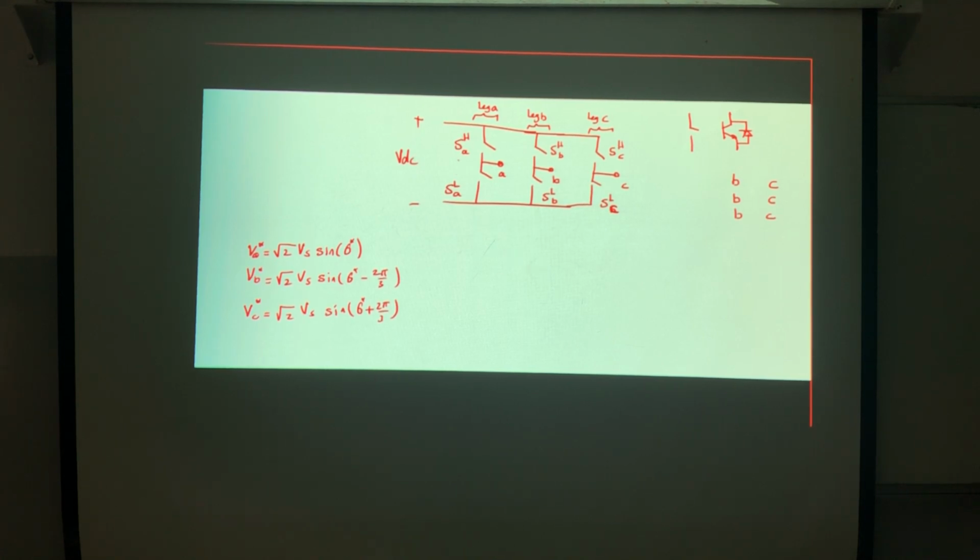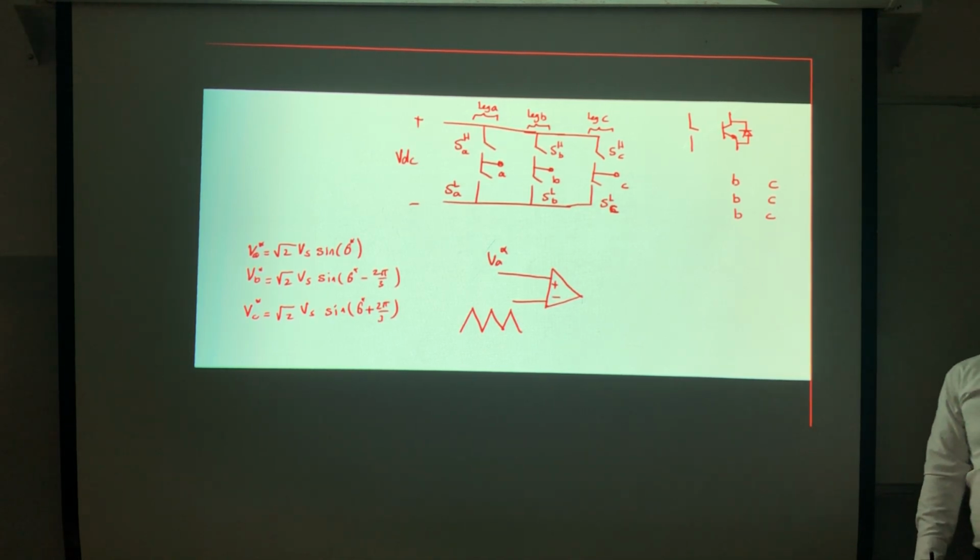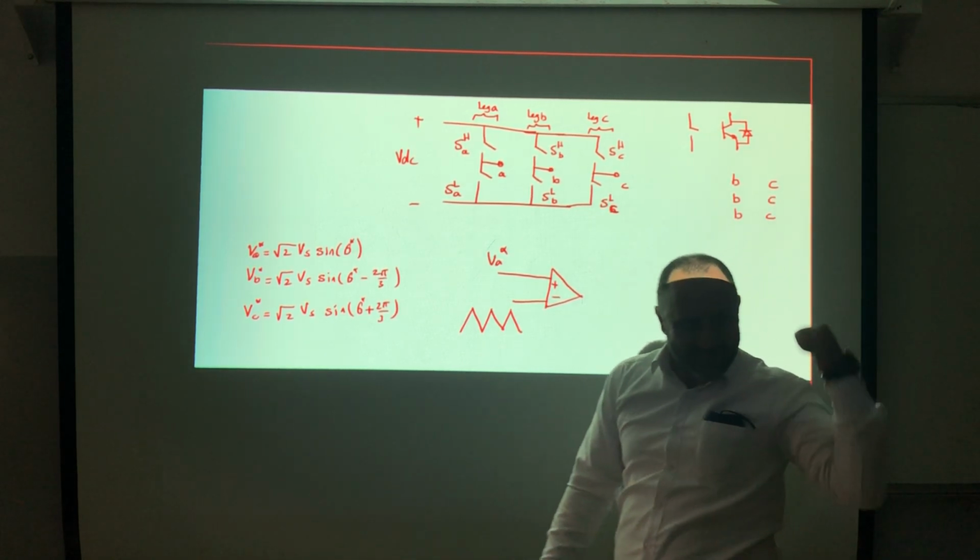So now let's see. If I need to generate the gate pulse here, I will use pulse width modulation, which means that I will compare VA with a carrier. So this is the plus, this is the minus, and this is a carrier. Do you remember the pulse width modulation in the case of the DC drive? It's almost the same, but there VC was constant.